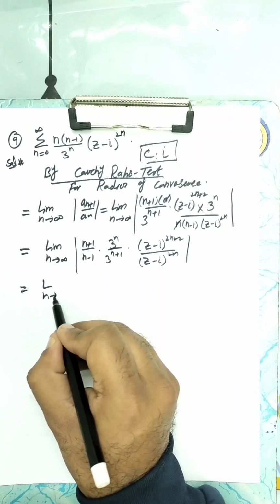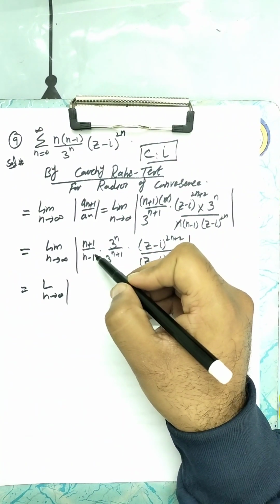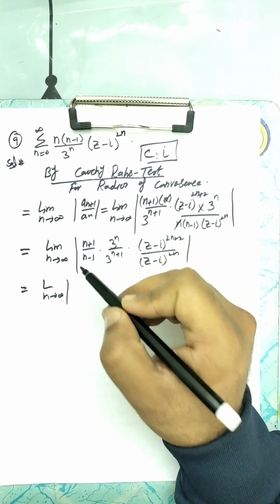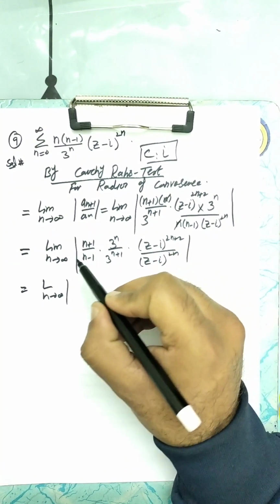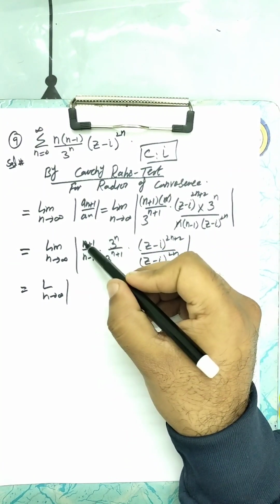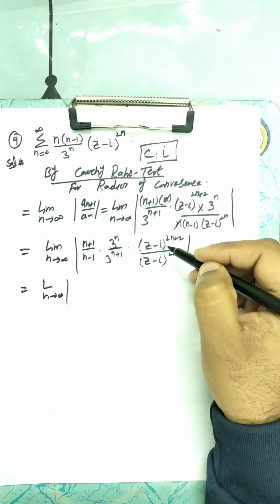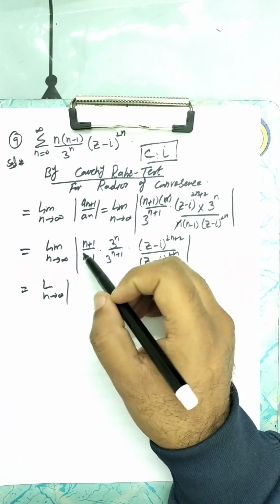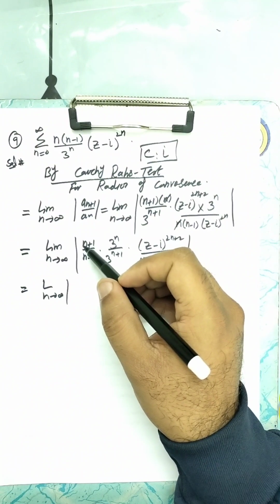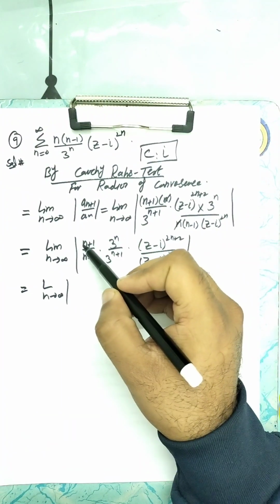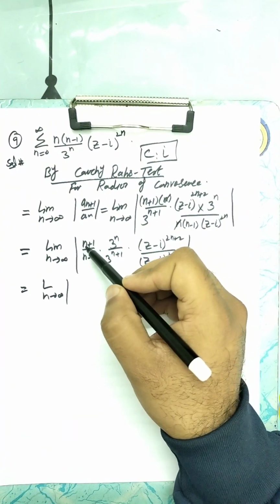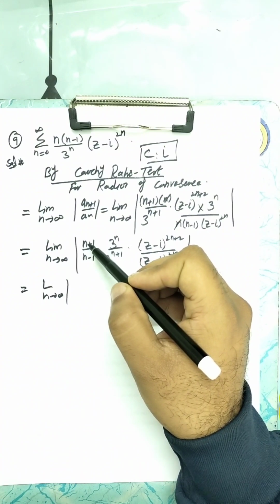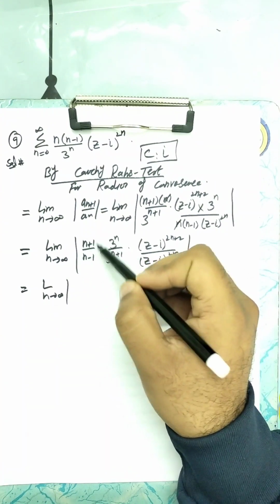So simplify this. Again, this is infinite by infinite form, and we apply the limit on this term separately, this term separately, and this term separately. No issue. So again we solve here by using the L'Hopital rule, or by taking n common. If we use the L'Hopital rule, then the limit of this becomes 1.